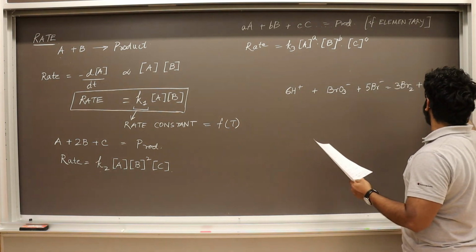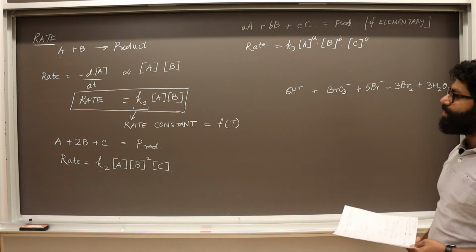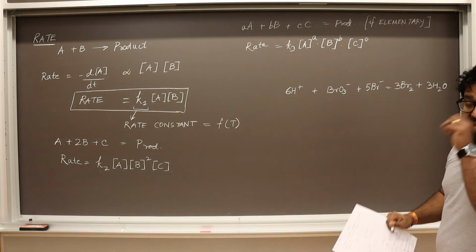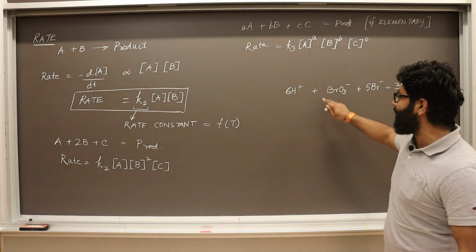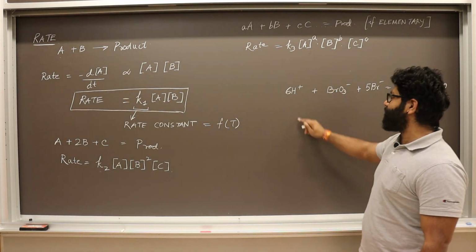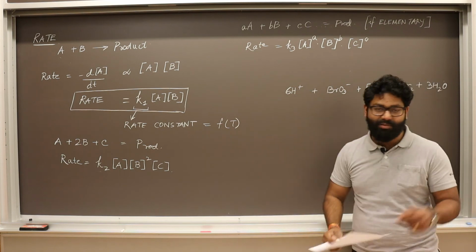If this is a reaction, and I say that this reaction is basically a complicated reaction, so I cannot just apply this same rule here and write down the rate as H plus raised to the power 6. It is not true.